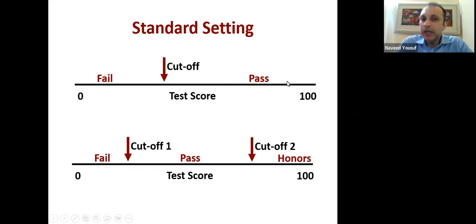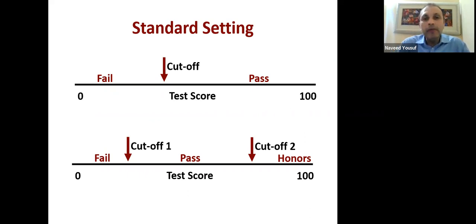Now you have measured your students against the learning objectives, against the domain, against the outcomes and competencies. You have got their scores and grades. They are differentiating. There are students who have performed lower, and there are students who have performed higher and scored higher.